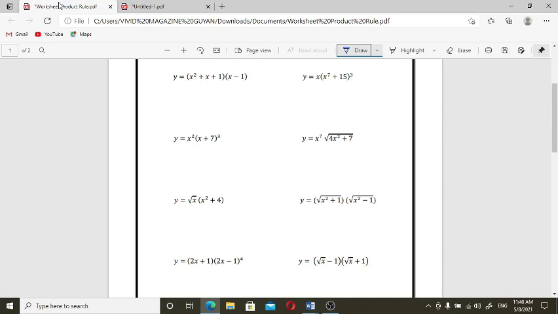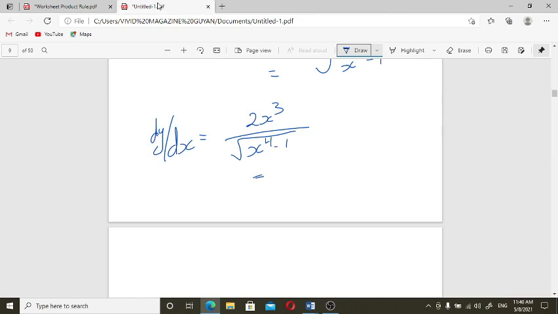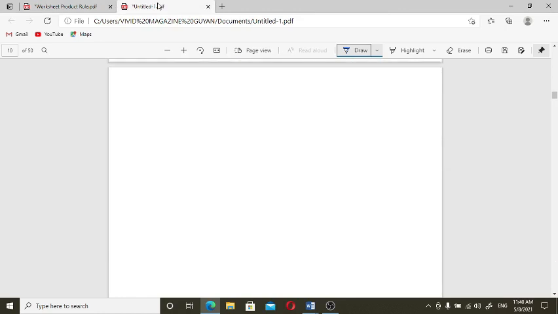2x plus 1, 2x minus 1. Alright. So y is equal to 2x plus 1 times 2x minus 1 raised to the 4th.